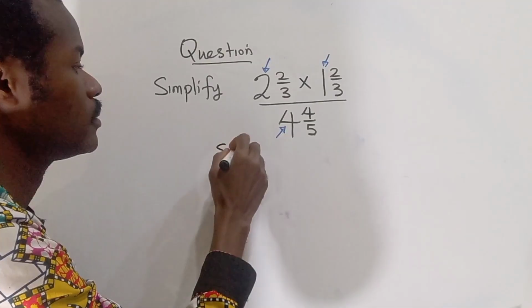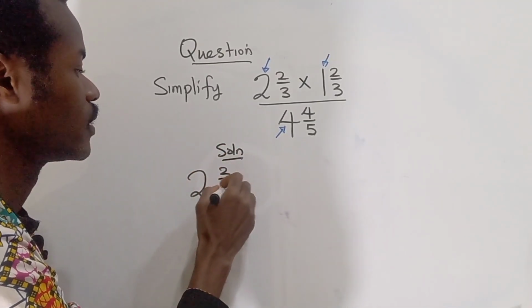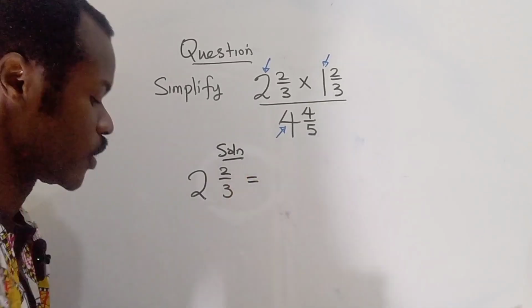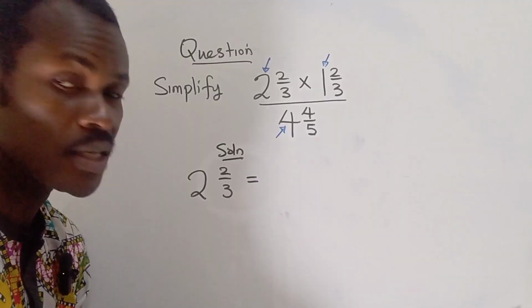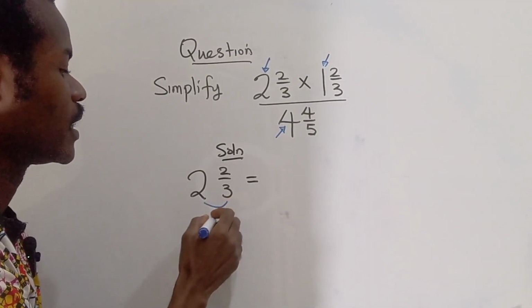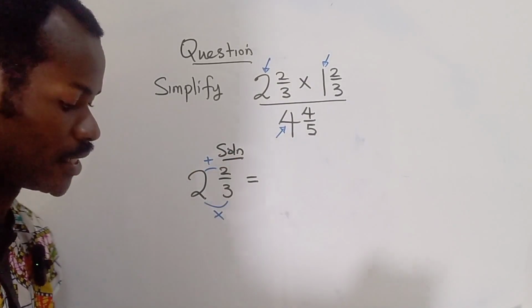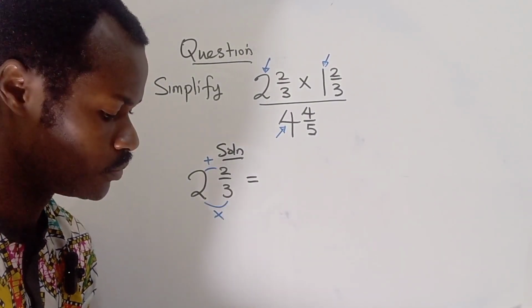So our solution. Now, two whole number two over three. How do we convert it? You move this way with the multiplication, and when you move this way you come with addition.